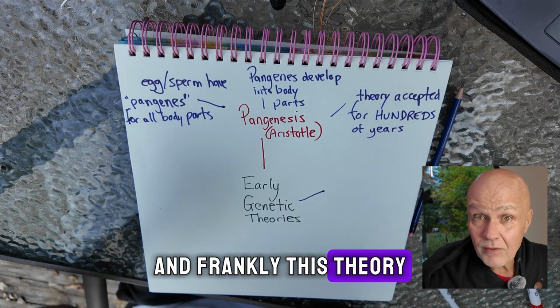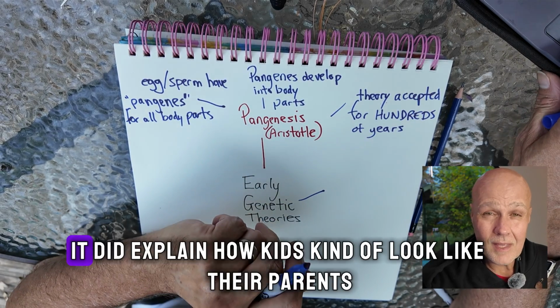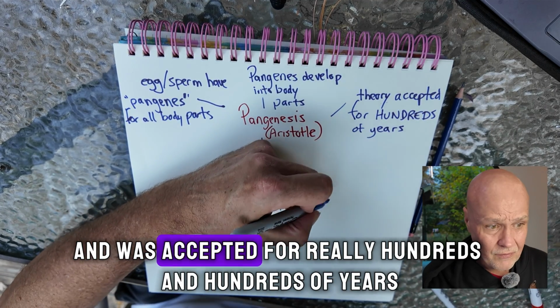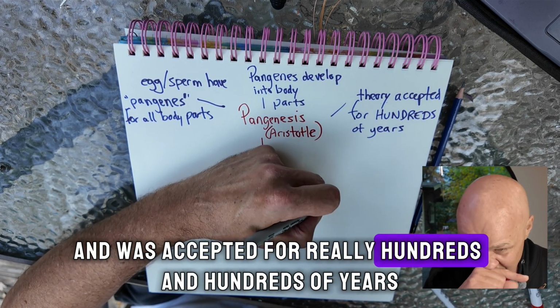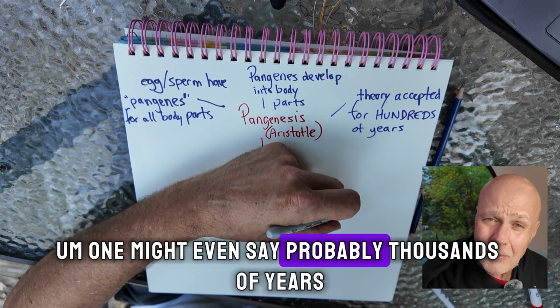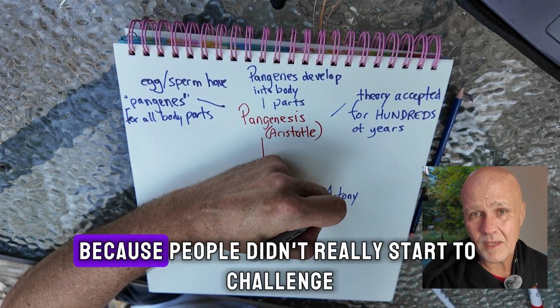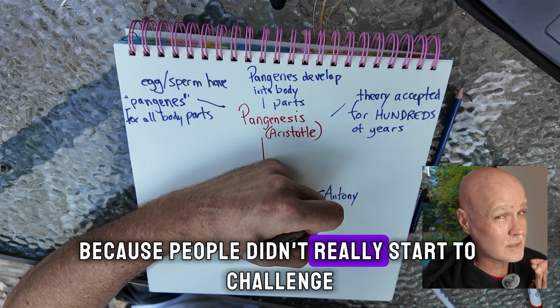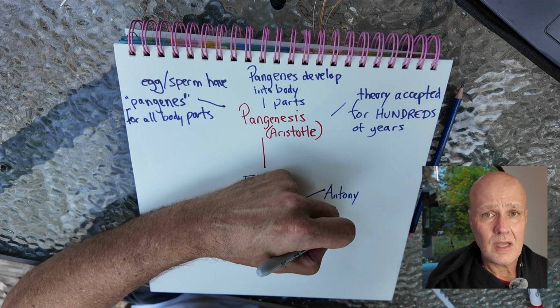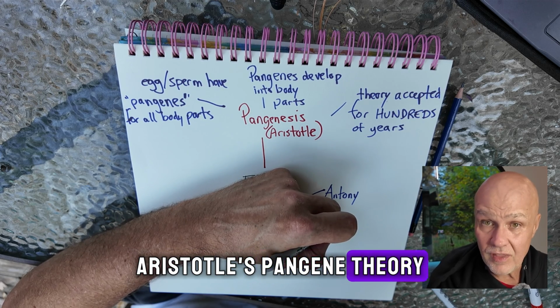And frankly, this theory did explain how kids kind of looked like their parents and was accepted for hundreds and hundreds of years. One might even say probably thousands of years, because people didn't really start to challenge Aristotle's pangene theory.